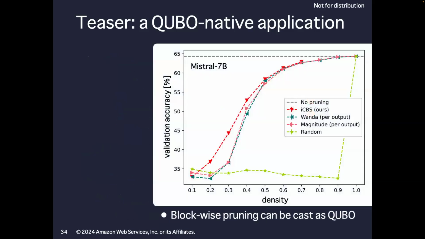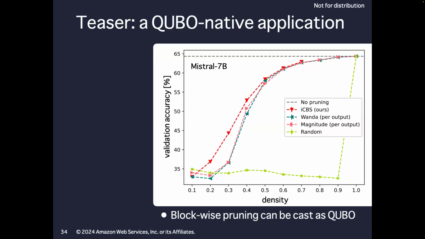So here are some results. On the vertical axis, you have accuracy. So if you were not to prune anything, you would have the black dashed line on top. This is the model Mistral 7B. We also did it for Llama. So 7 billion parameters, so it's a very large QUBO kind of thing. And on the horizontal axis, you have the density, how many edges have been pruned. On the right-hand side is no pruning.